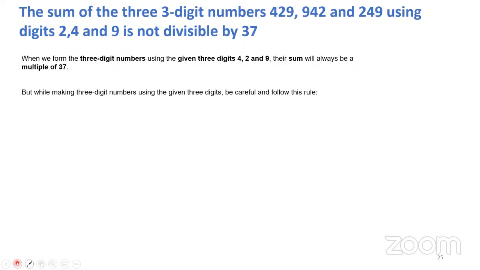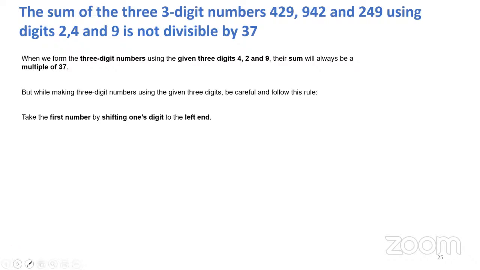But can we take the orientation of these numbers randomly and take their sum so that we get a number divisible by 37? Let us see. Whenever we are forming 3-digit numbers using the given 3 digits, their sum will always be a multiple of 37 if we follow a rule as shown here.